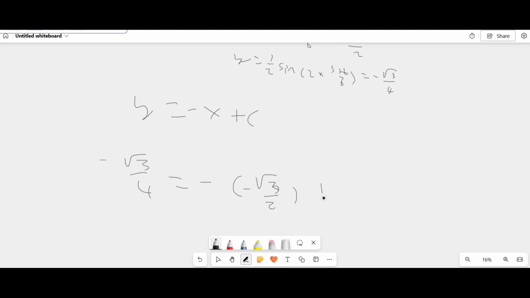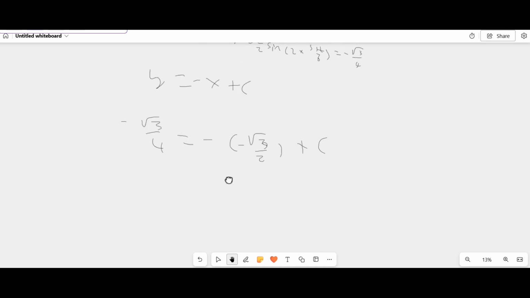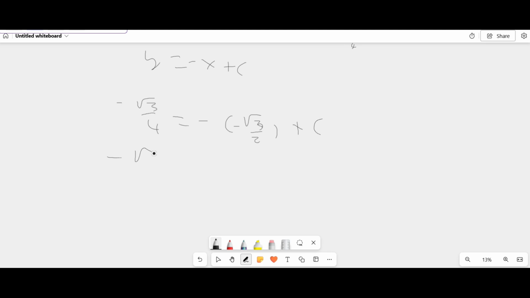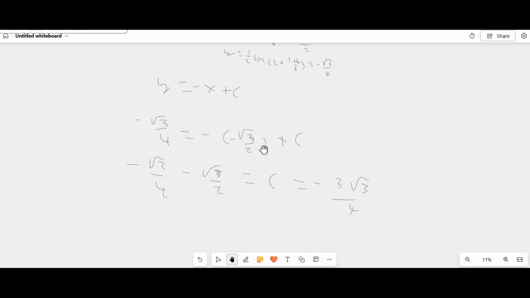Obviously, this is negative here as well, so it's double negative here. Don't make that mistake. So that's positive, so it's going to be negative root 3 over 4. Take away that root 3 over 2, you're going to equal c, which is going to be negative 3 root 3 over 4. So it's just the same solution as part A.